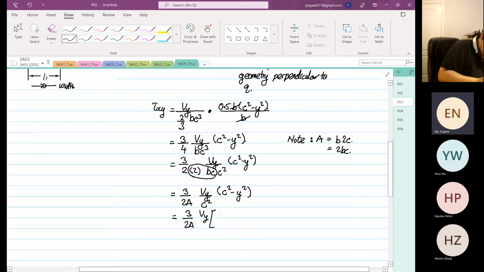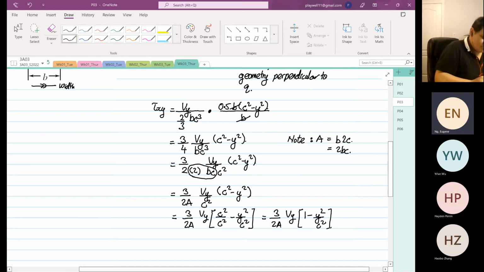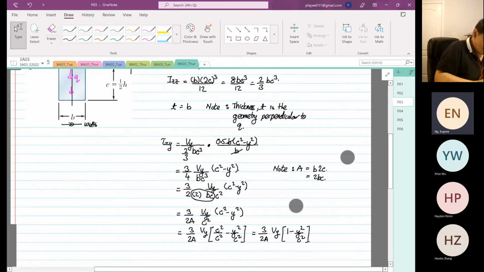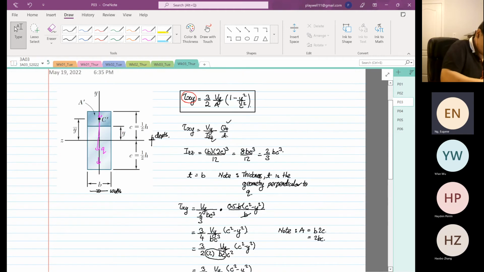We're going to bring C squared into the brackets. So now this will become 3/2A Vy, 1 minus y squared over C squared. Okay. So this equation that we just finally derived is exactly the same as this equation over here. Okay.